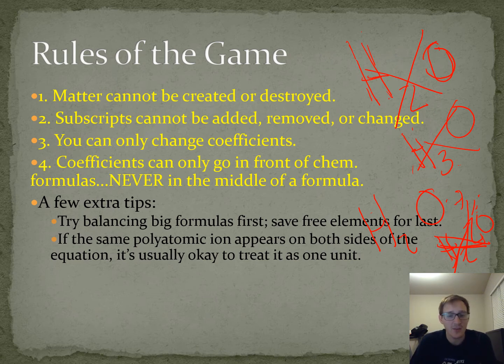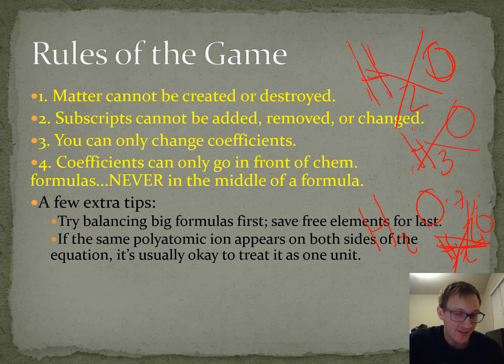If the same polyatomic ion appears on both sides of the equation, it's usually okay to treat it as one unit. What I mean by that is we're going to have some groups that tend to show up a lot.